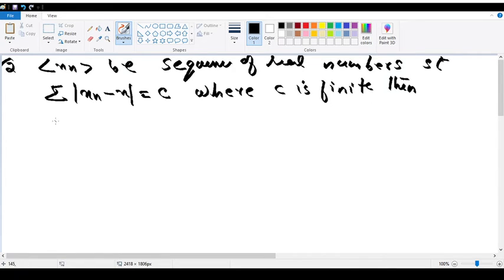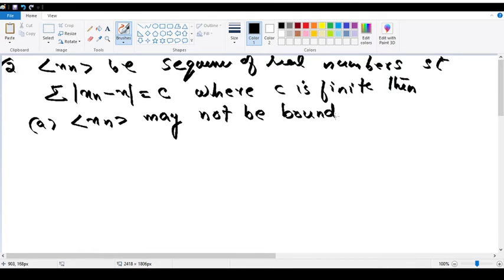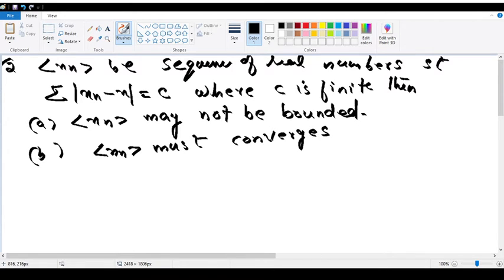Then, first option, xn may not be bounded. Second option, xn must converge.